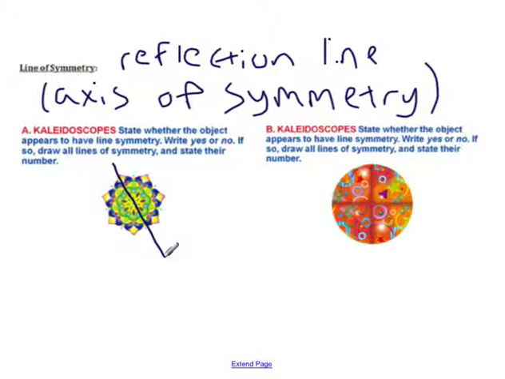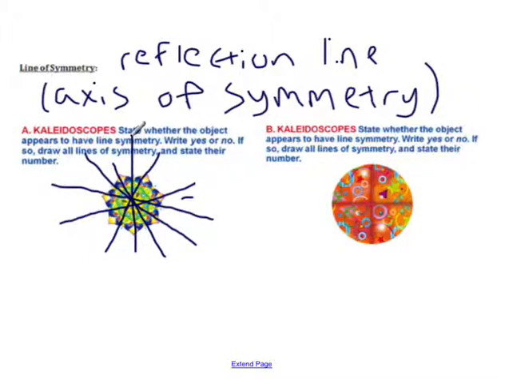So all I'm trying to do is find lines of symmetry. So each one of these corners has a line of symmetry through it. It's kind of hard to draw on my iPad here. So each of these has a line of symmetry that it's cutting the shape. So if you were to go through and count each of those lines, there's 7 lines. So yes, it does have lines of symmetry, and there's going to be 7 of them.